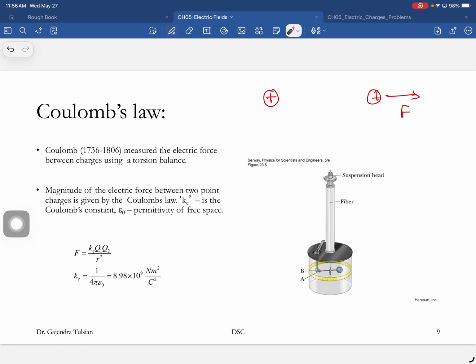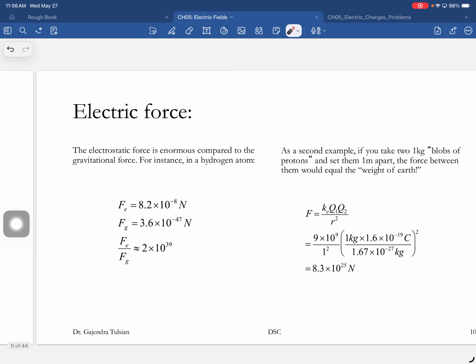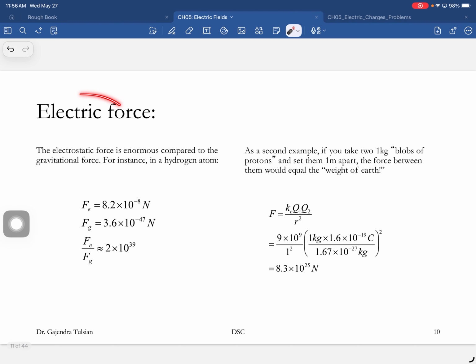By the way, if you remember from Physics 1, this formula is very similar to the gravitational force. It's just that the gravitational constant is very small, and so the gravitational force is very weak. But the Coulomb force is large. This sort of illustrates how large the force is.